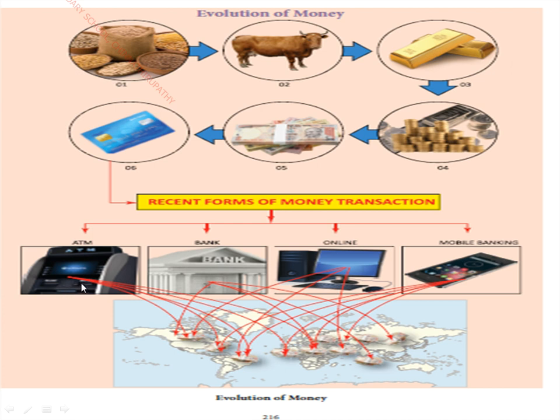You can see this ATM card being used by your parents, isn't it, children? Yes. Next, through the bank, transactions are commenced and held throughout the universe, and online transaction is also very popular nowadays, and mobile banking, in this modern era, has adopted the recent form of money transaction.